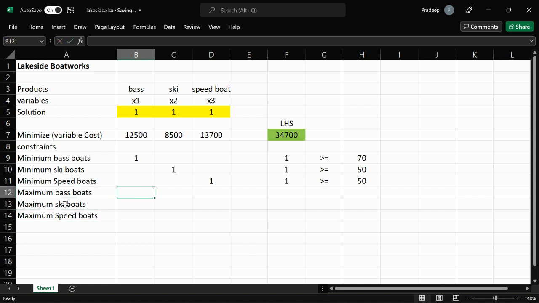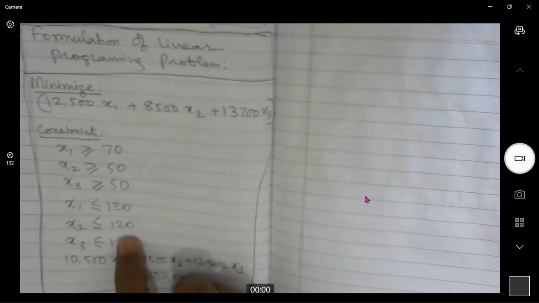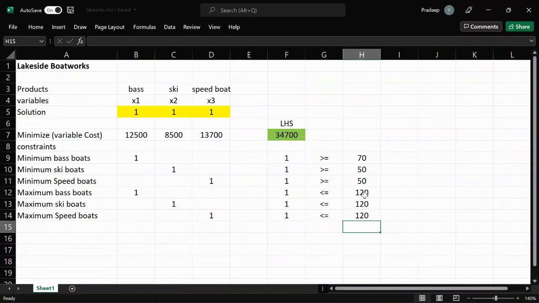So here again I will give one, and this left hand side formula I'll simply copy, and this should be less than or equal to 120, 120, and 120. So exactly whatever I have written here, same thing I have written in this case also.